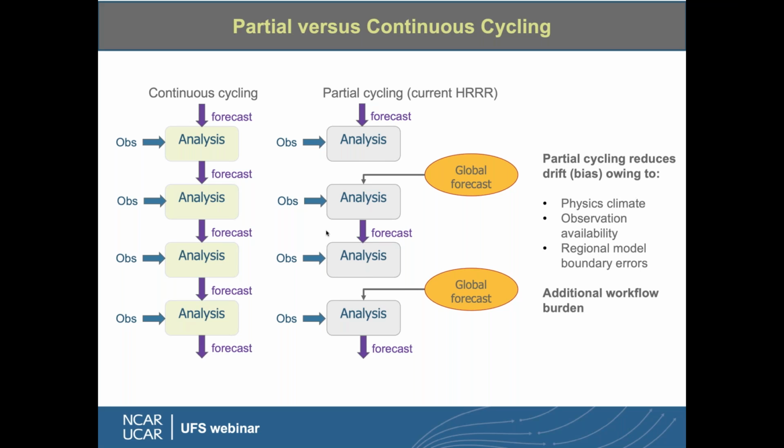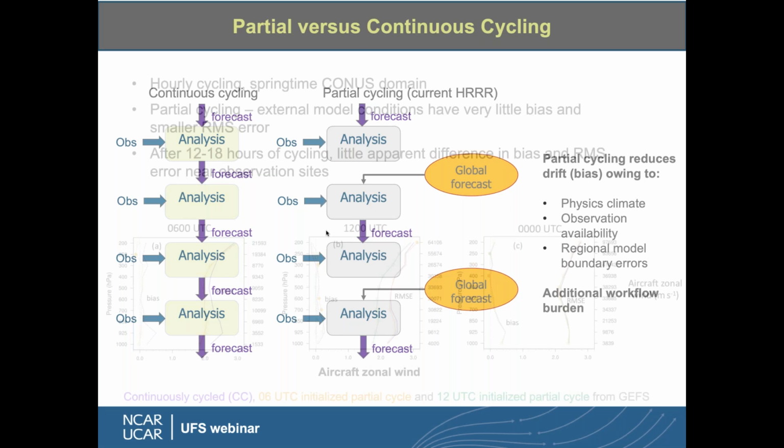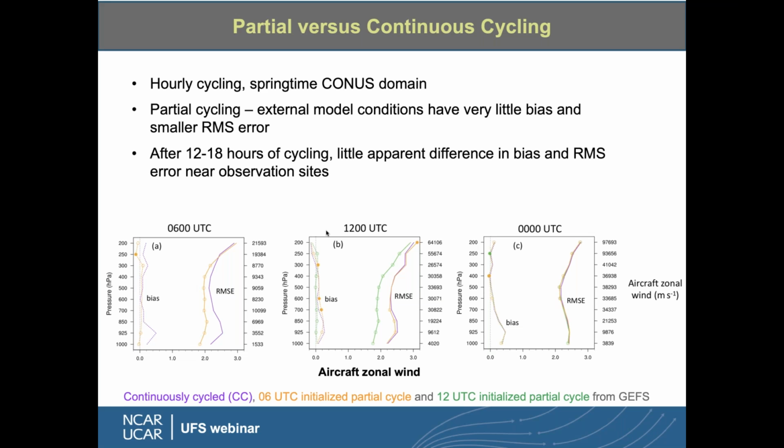We wanted to figure out whether this partial cycling could be replicated with a blending approach. You could look at different ways of doing partial cycling, how long you should do partial cycling, things of that nature. We didn't want to test everything, but we were able to look at a couple of different ways of slicing and dicing this.